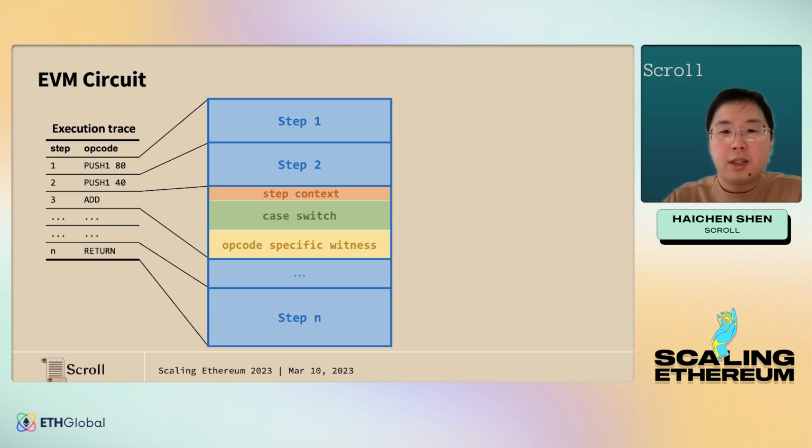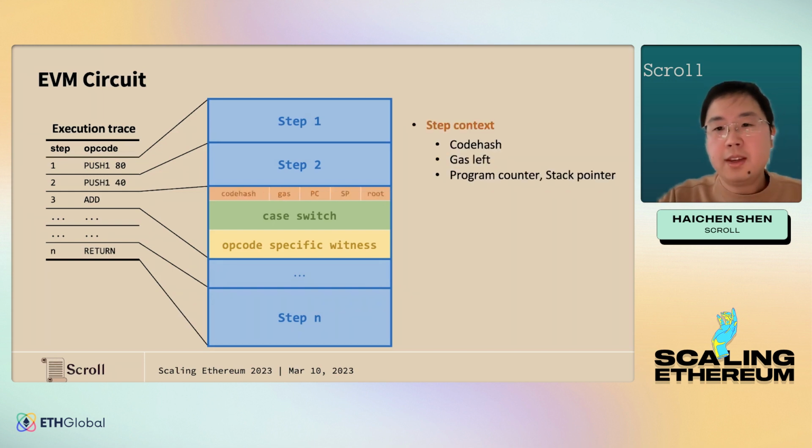For example, there will be one case for each of the opcodes you have inside the Ethereum Virtual Machine. This is basically a switch statement like you'd write in any language. And then the third section will be any opcode-specific witness that is going to help you prove the correctness of any opcode.